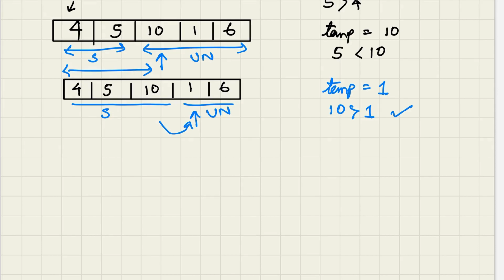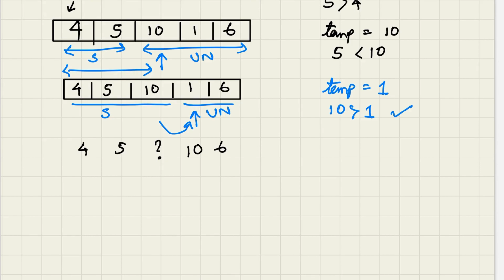Here I have this particular place as vacant, right? So I will go ahead and shift this 10 to my right side. So my elements will now be 10 and 6. Now I will check whether I can put that 1 in this question mark place or not.